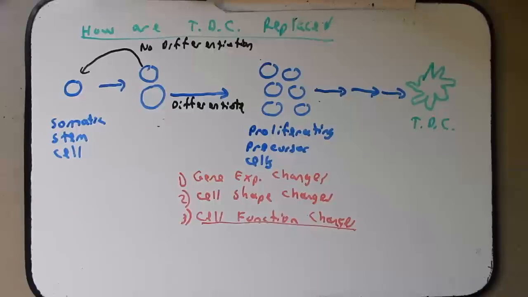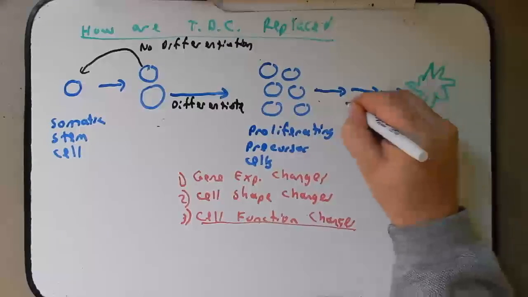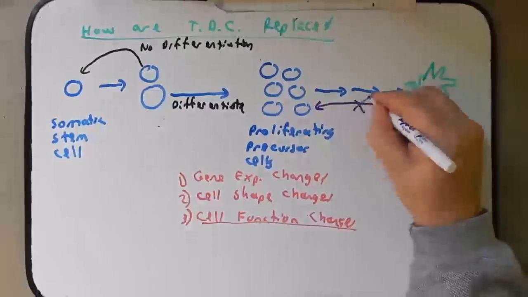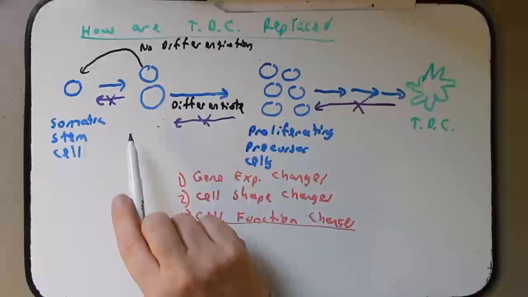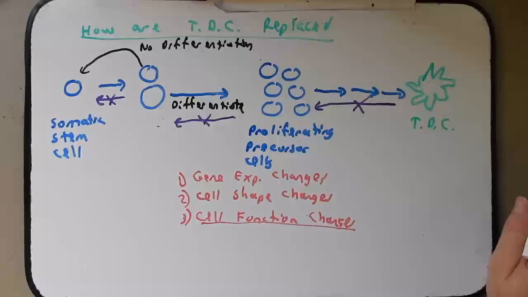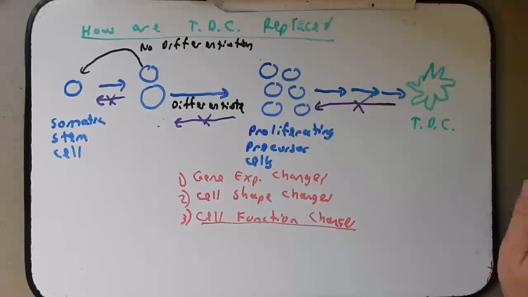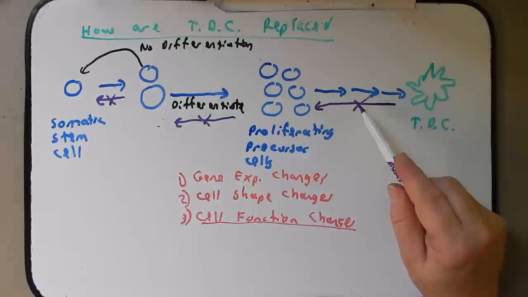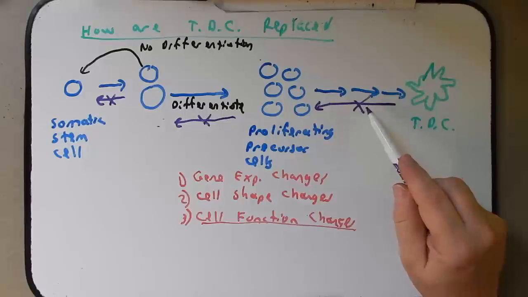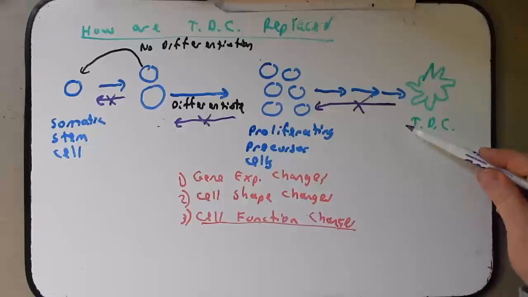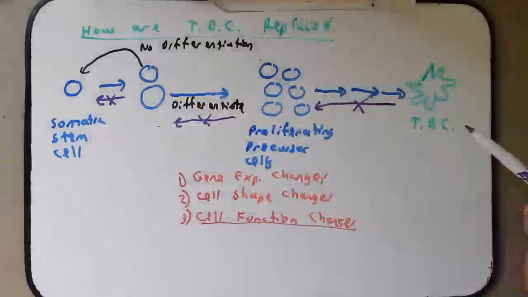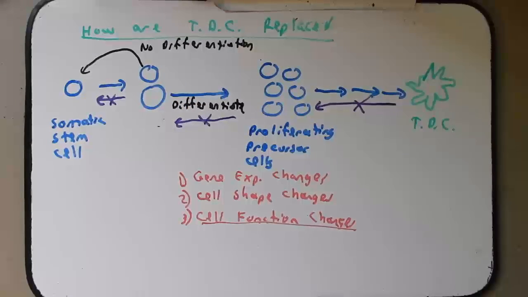I should also mention that cells do not typically go backwards. Differentiation is usually unidirectional, from the zygote to a terminally differentiated cell in an adult. Now, there are cases, in fact lots of cases, in cancer where differentiation does go backwards. And we'll talk about that in the next podcast on cancer.